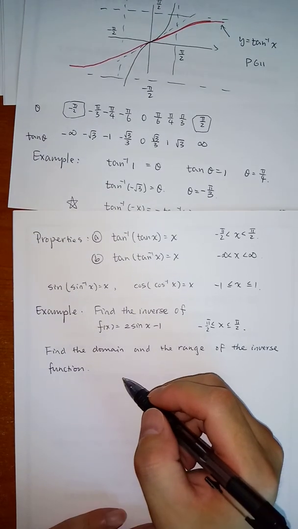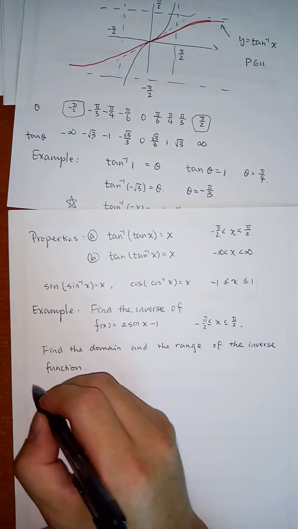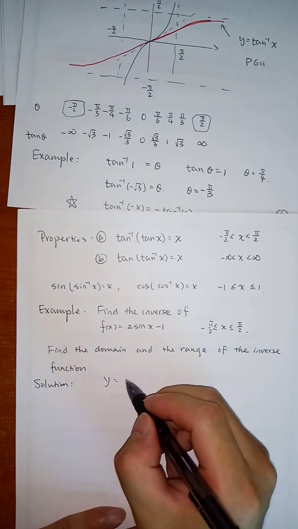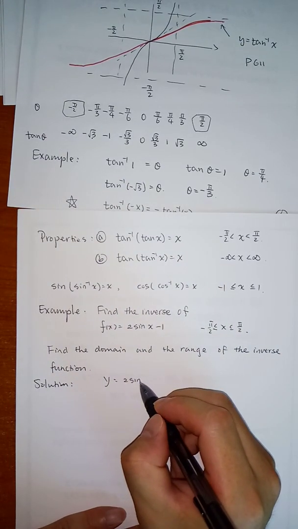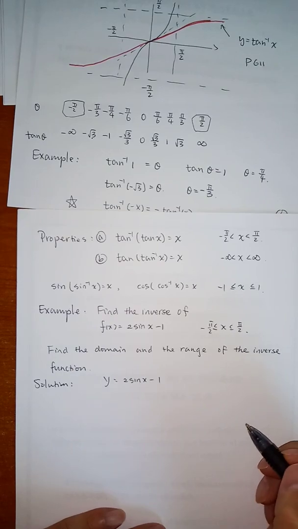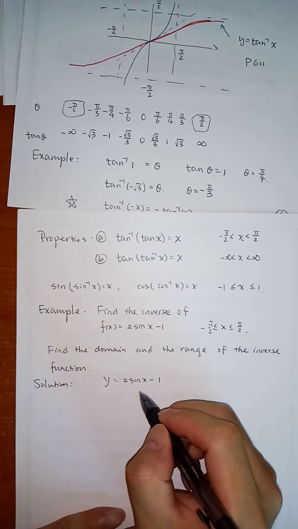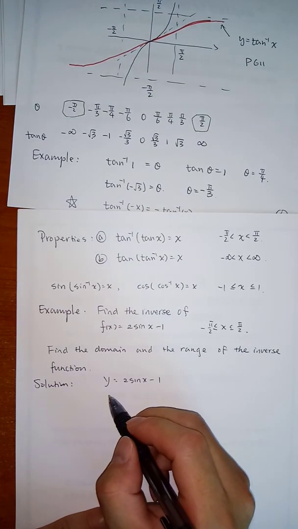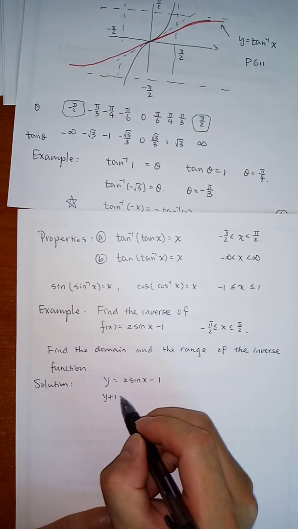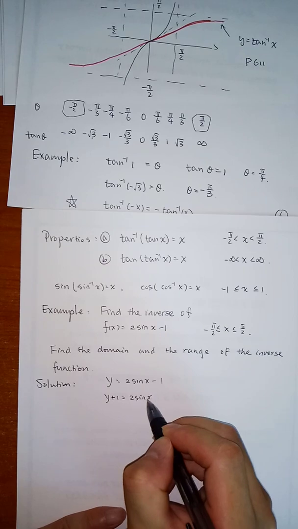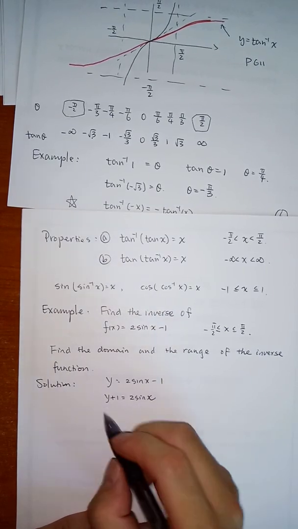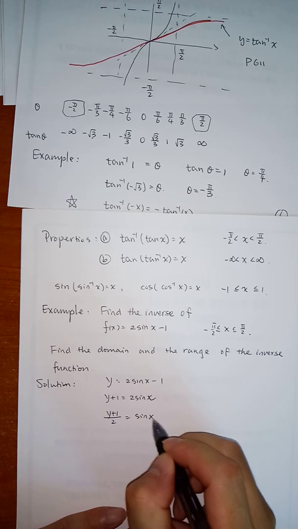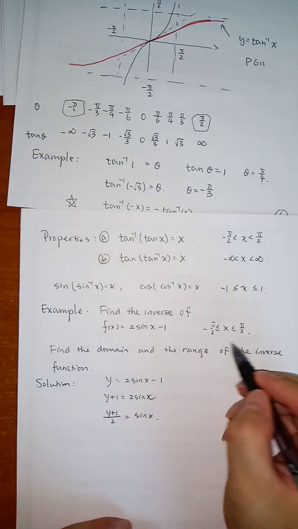Okay, so how do we do that? We just let y equal 2 sine x minus 1. Then we are going to solve x in terms of y. So we move 1 to the left side. We divide the equation by 2, the coefficient. And we know that this is an advantage.